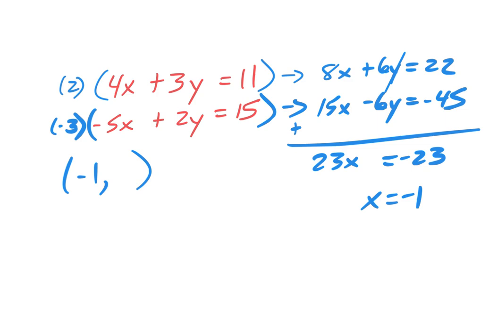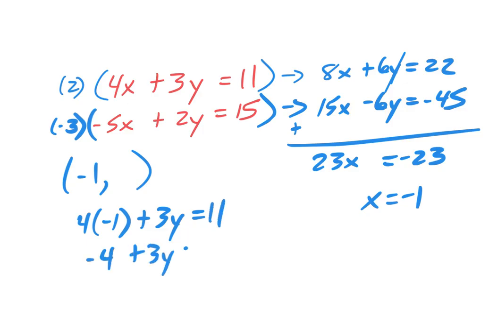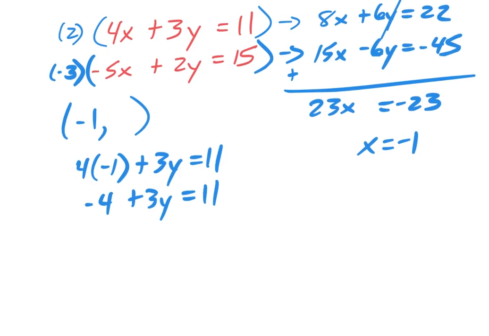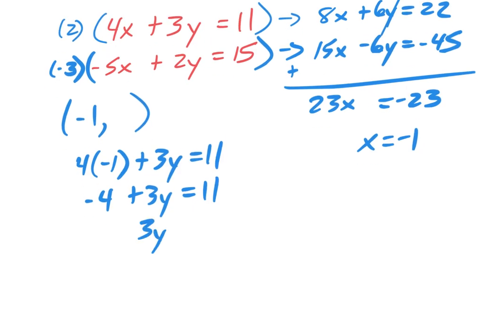I probably would go back to one of the two original equations. I'm going to pick the top one again, mainly because it has all positives in it. y equals 5.